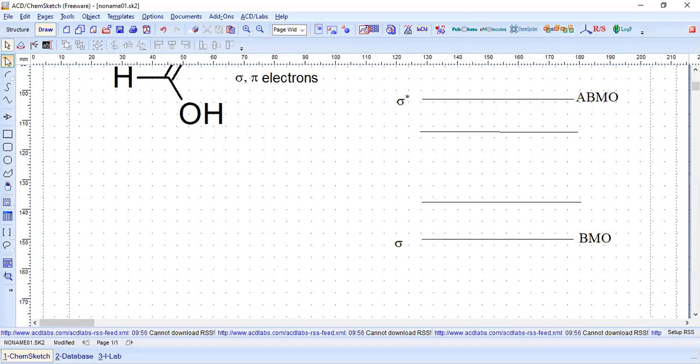And one more is non-bonding electrons. We have seen three types of electrons: sigma, pi, and non-bonding. We will indicate them with N.